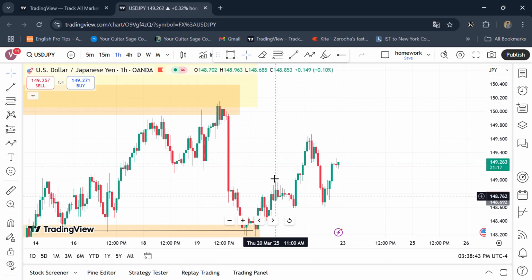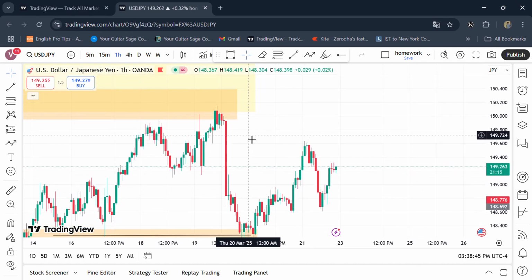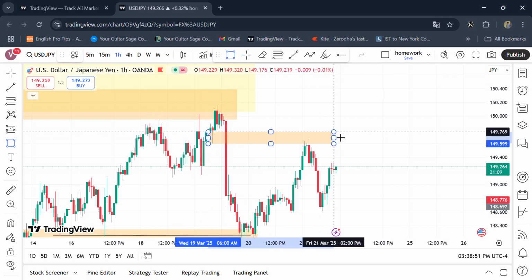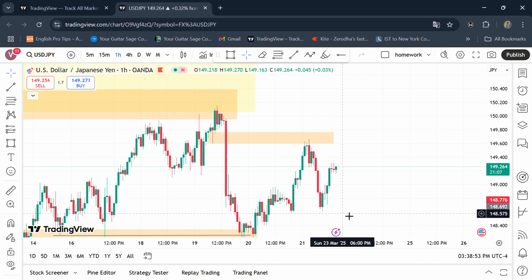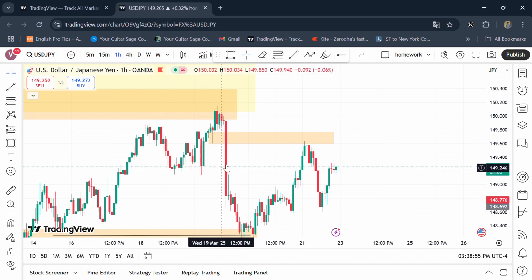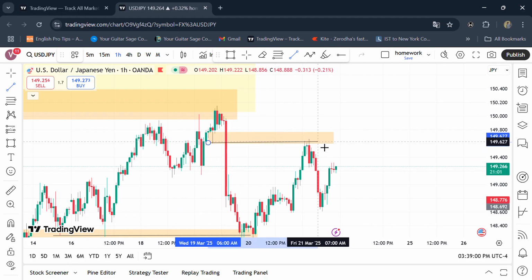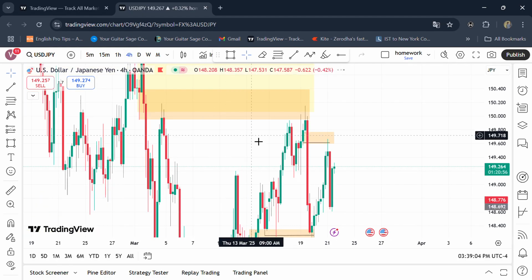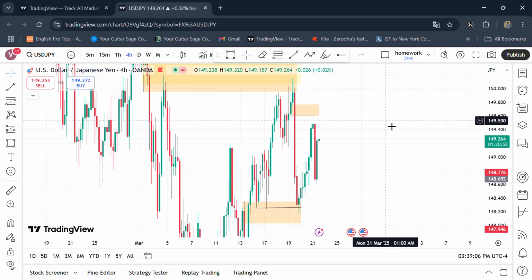So very simple. This was going up, up, and then you find this overlap. On 1 hour, you find this overlap. Again, this overlap and this swing low liquidity, same thing. Let's see if there is anything on 4 hour.